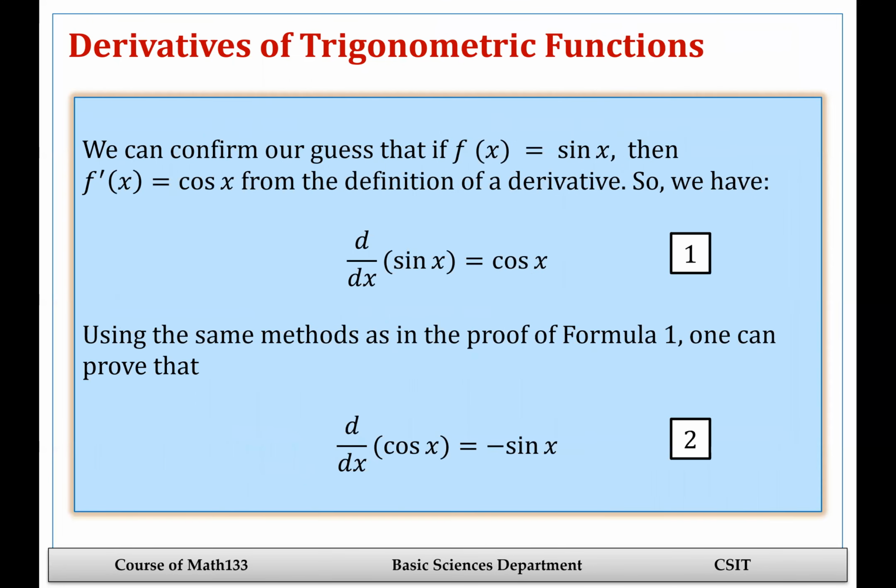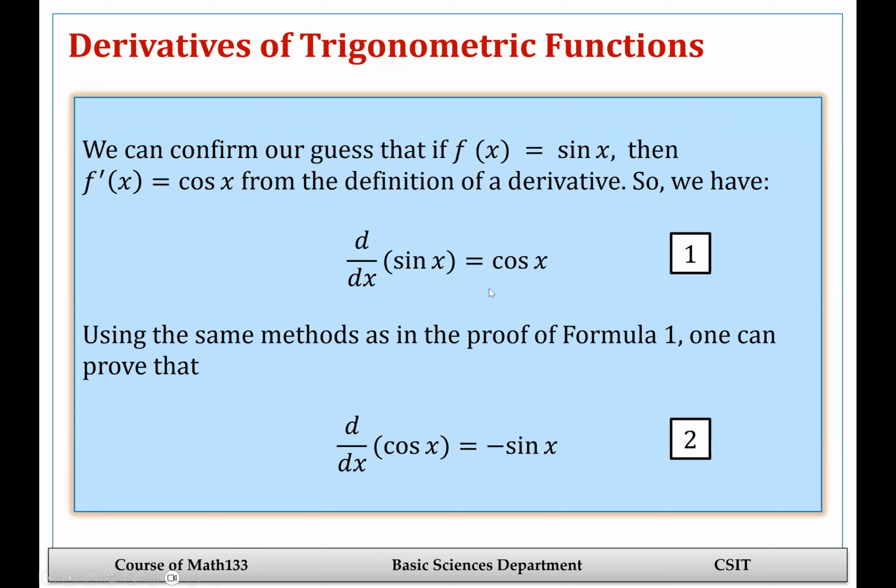This is like introduction. Now, what we have to remember for sine and cosine, that the derivative of sine is equal to cosine, but the derivative of cosine is equal to minus sine. So we need to remember these two rules for the sine and cosine derivative.